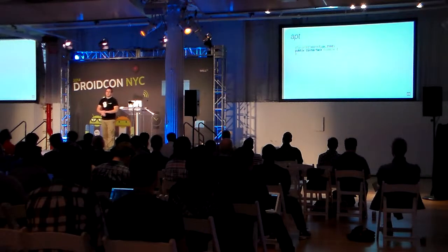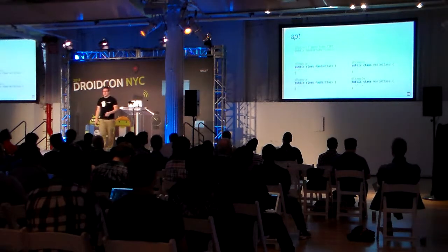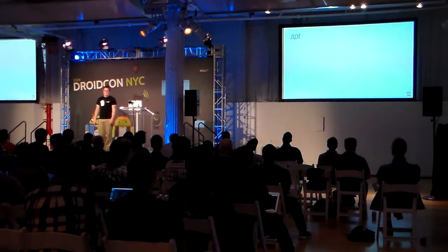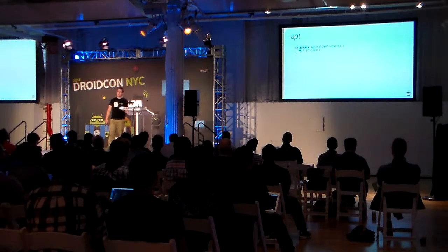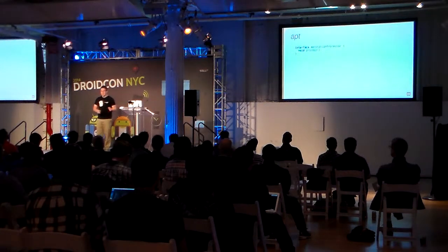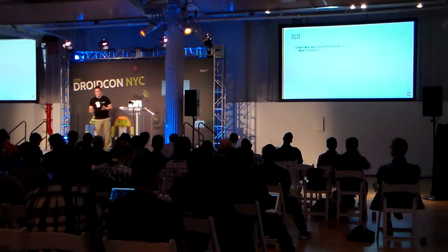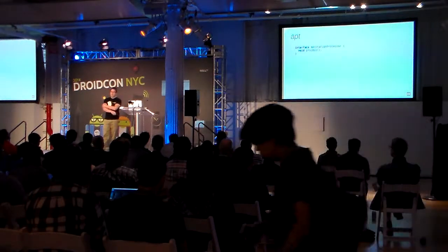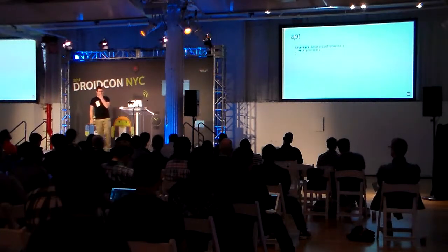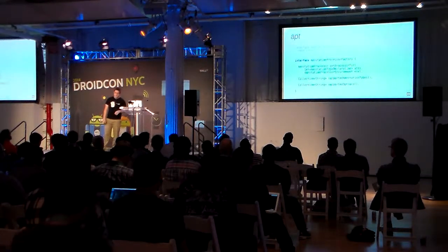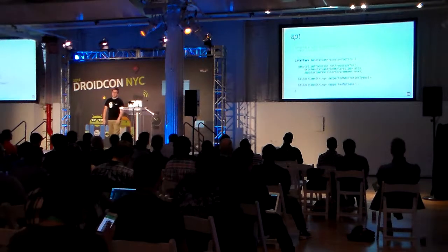APT allows you to define an annotation, annotate a few classes, and then through executing this tool, you were able to act on the classes which were annotated with whatever annotation. Its API was really simple. It's basically just a process method, and then a factory for the thing that does the processing.